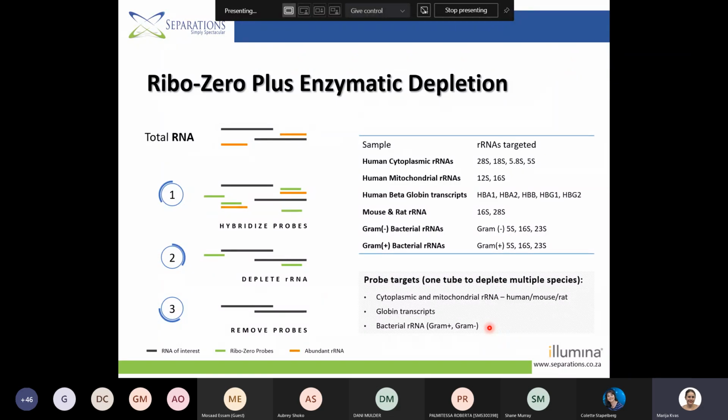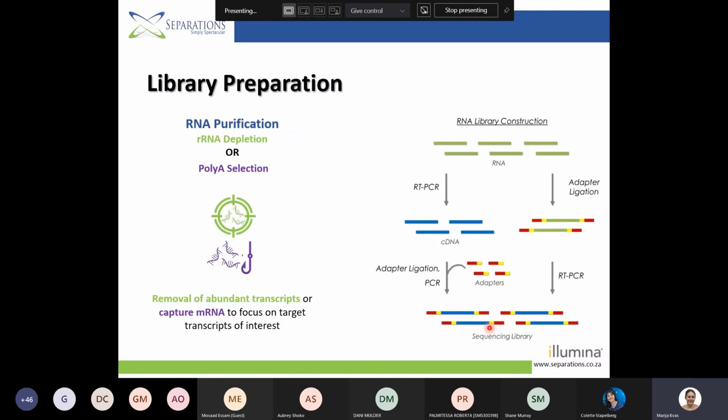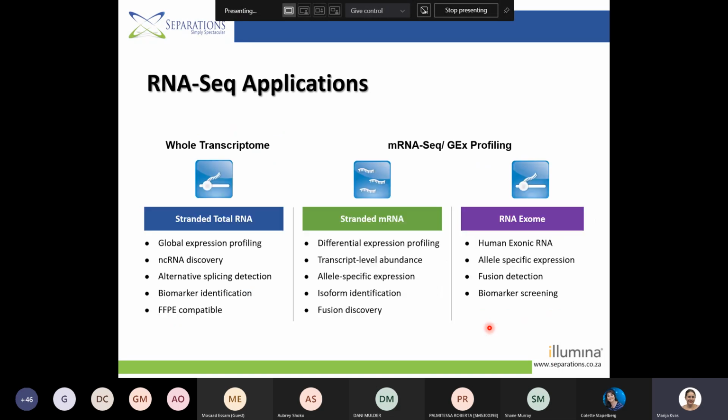So that's why we are looking into coding and non-coding regions. And like I mentioned just now, after that RNA purification, where we remove ribosomal RNA, we reverse transcribe that into cDNA, and then we continue with the library prep.